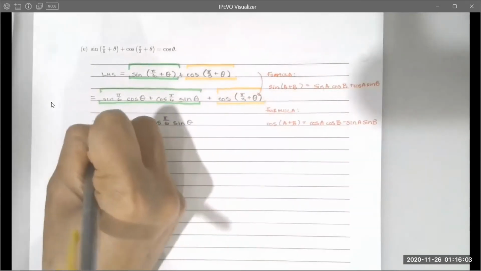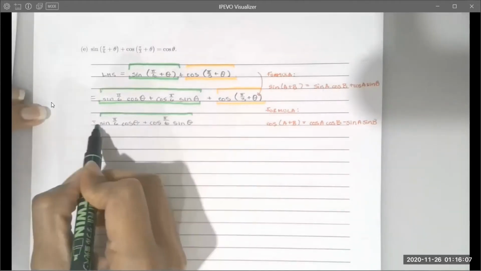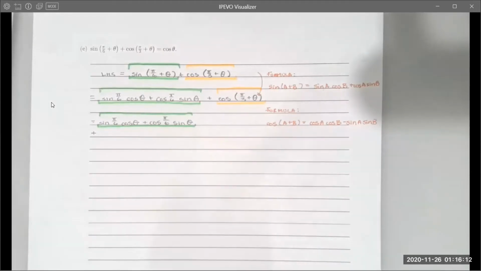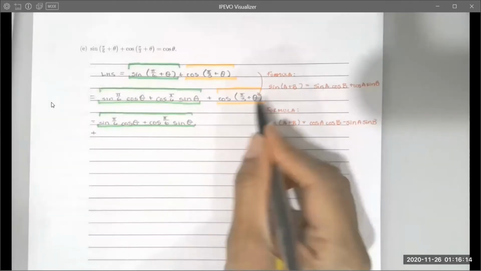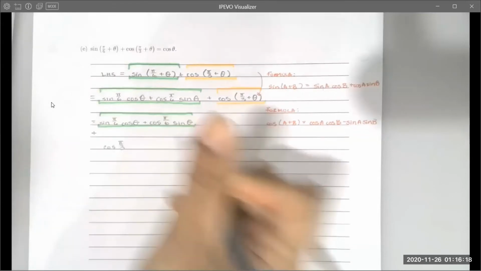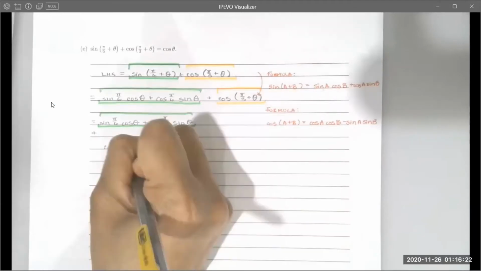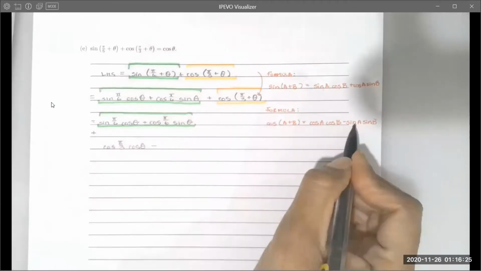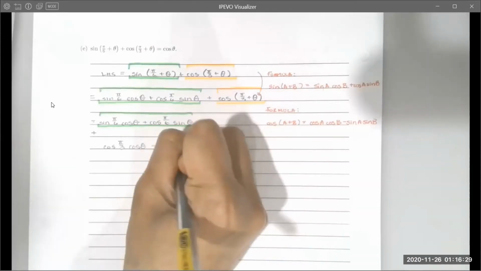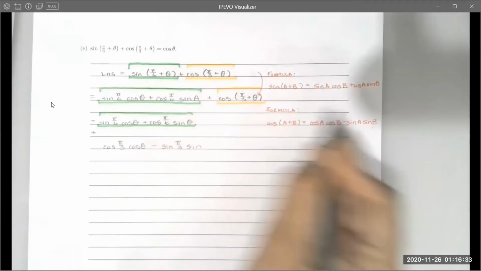And then we have plus, this is the green portion, plus cosine of the first angle, which is pi over 3, so plus cosine pi over 3 times cosine of angle B, and that's theta, so times cosine theta, minus sine of angle A, which is pi over 3, times sine of angle B, which is theta.